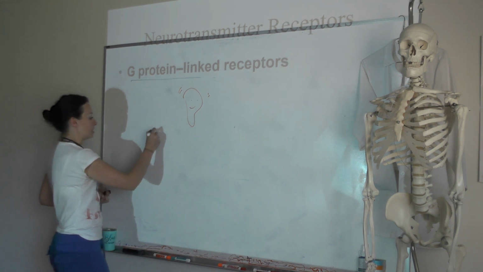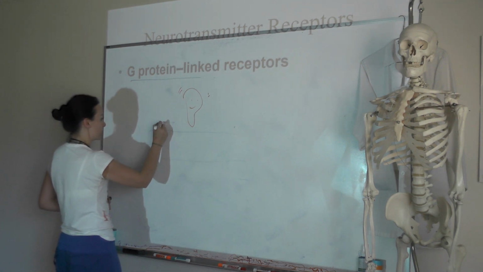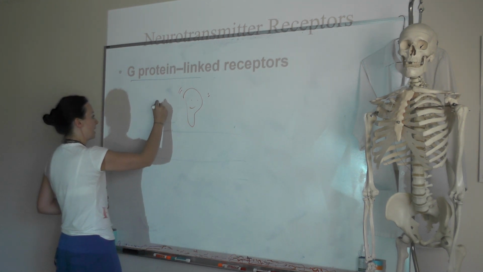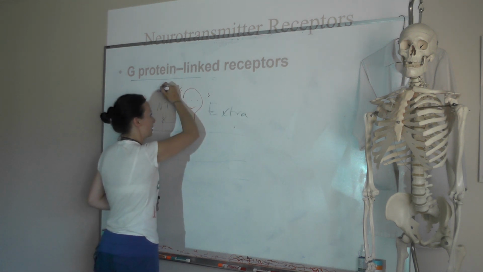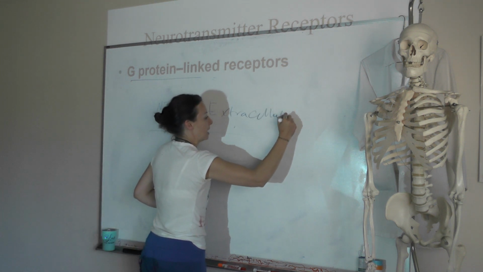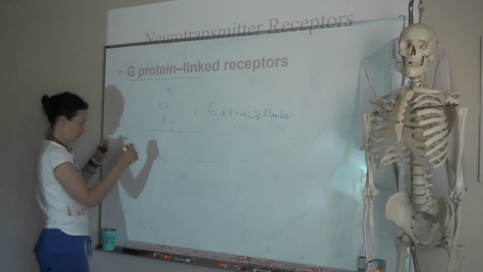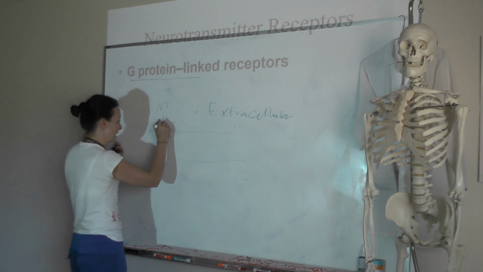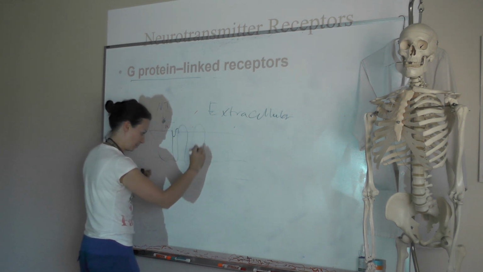What happens with a G-protein coupled receptor is that your neurotransmitter is going to bind out here on the extracellular side of our neuron, and it's going to activate its receptor that's hooked up with this thing called a G protein.